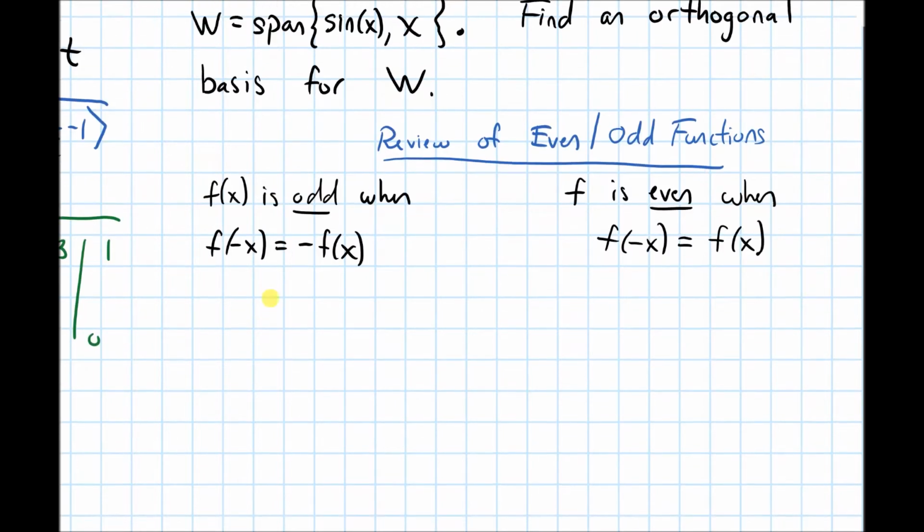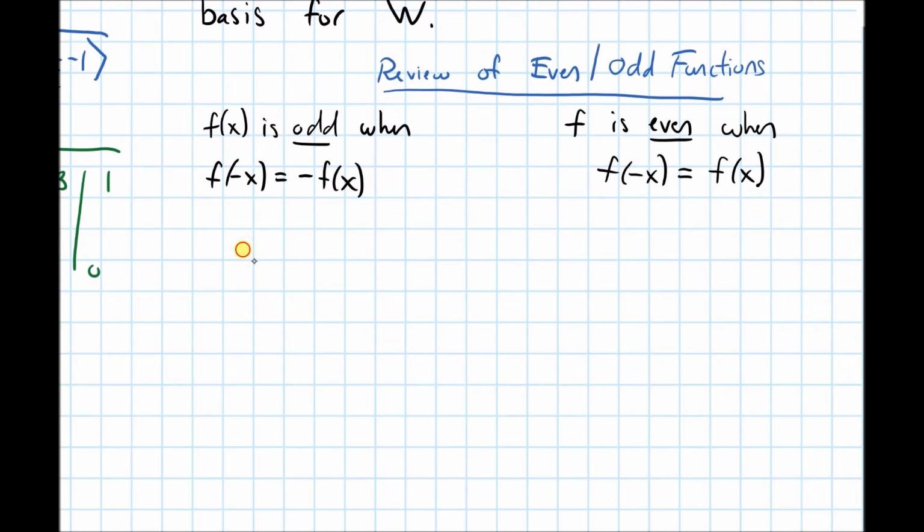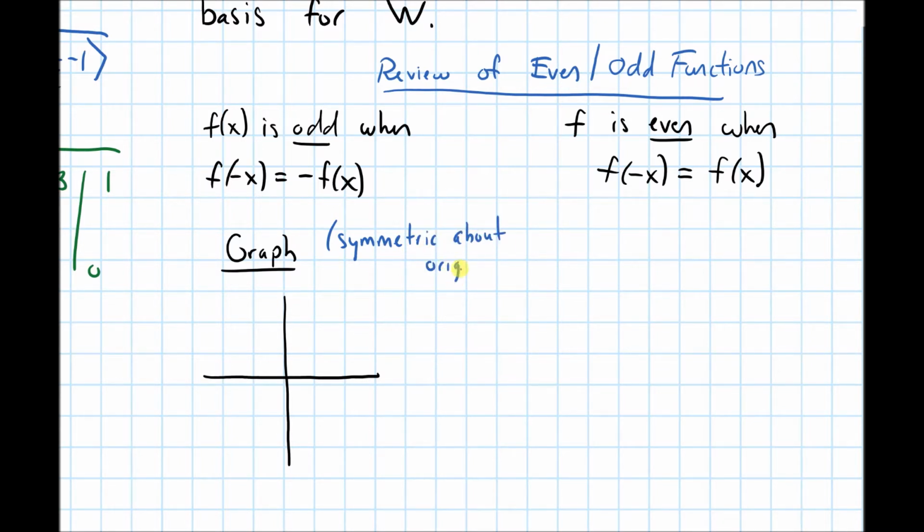Graphically, let's draw a graph of an odd function and a graph of an even function. An odd function graphically ends up being symmetric about the origin. Symmetric about the origin means it might look something like this.